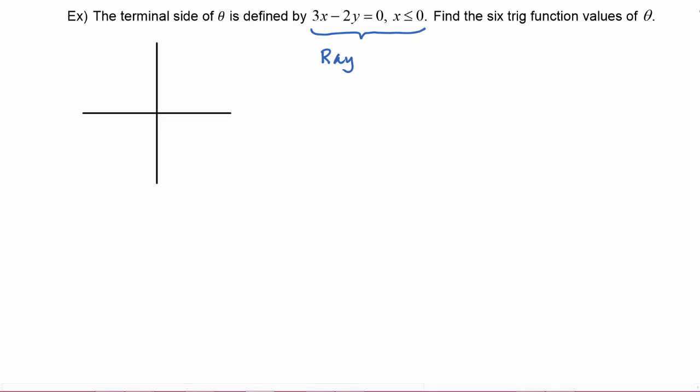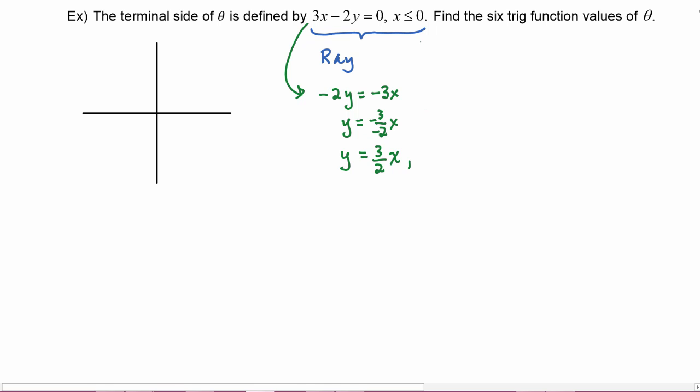Now, probably the easiest way to graph the ray would be to put it into slope-intercept form. So we want to get the y by itself. So we would have negative 2y is equal to negative 3x. Divide both sides by negative 2, and we have y is negative 3 over negative 2 times x, or y is equal to 3/2 x.